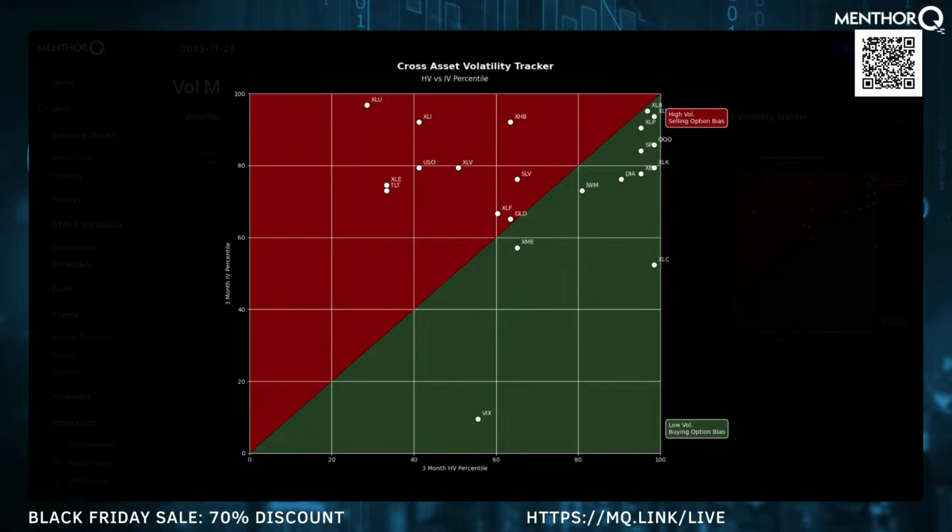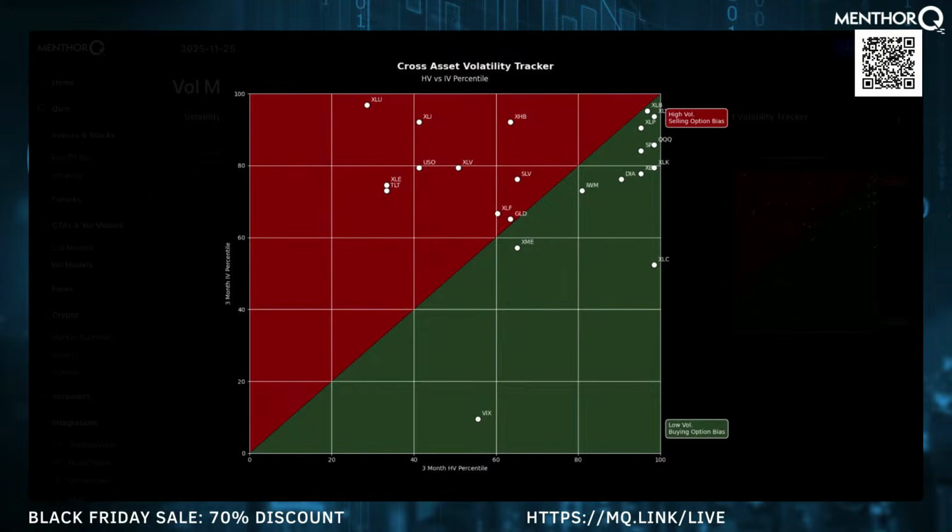We know that volatility is kind of like a rubber band. Historical volatility and implied volatility tend to be close together, but there are times where they're not, and that's when we find outliers. Yes, perfect.